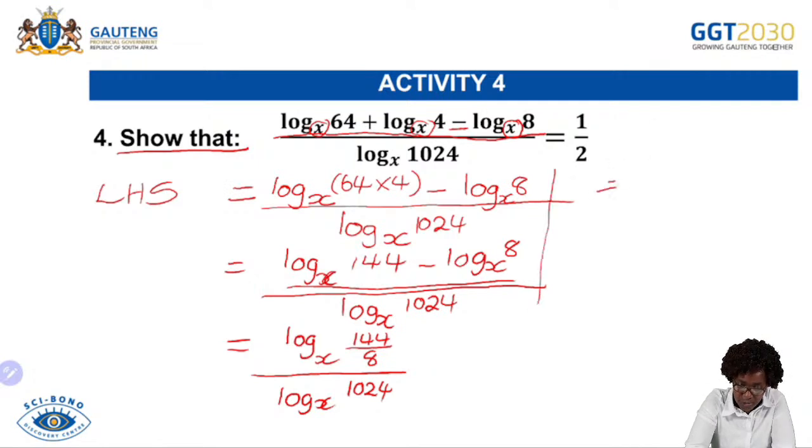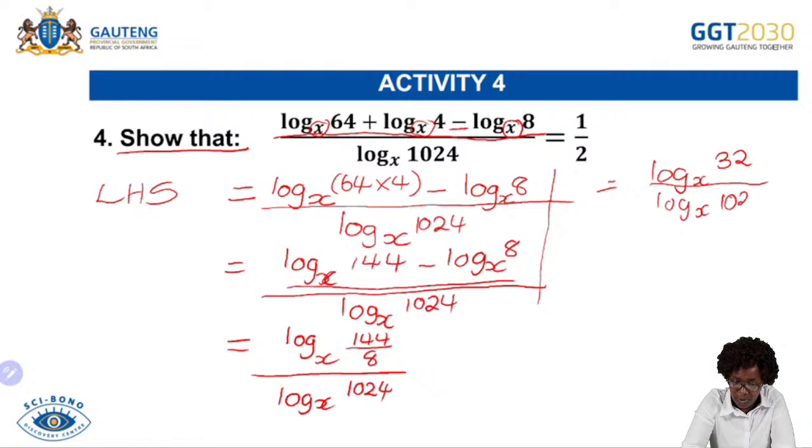This will be equal to the log of 32 to base x divided by the log of 1024 to base x. And now we are back to that question where we have logs that are being divided, and these logs have the same base.